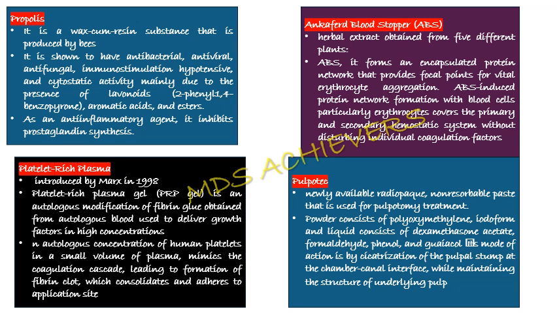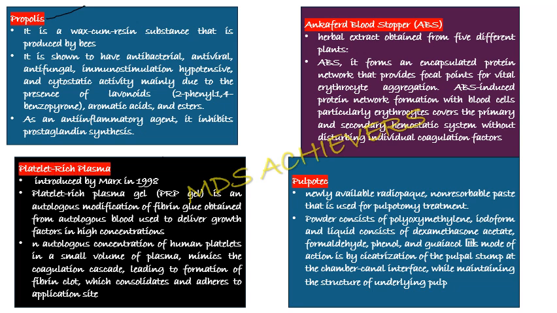And there are also platelet-rich plasma, and ankaferd blood stopper, and Pulpotec. These are also other materials that were introduced by various scientists. Not all of this, everything is not completely important. The only thing is you should remember the materials and what is the main function of this.